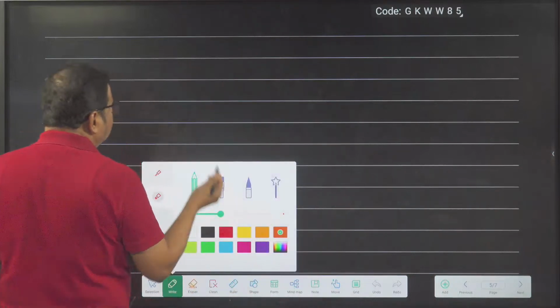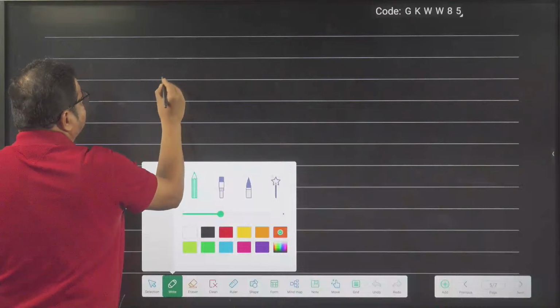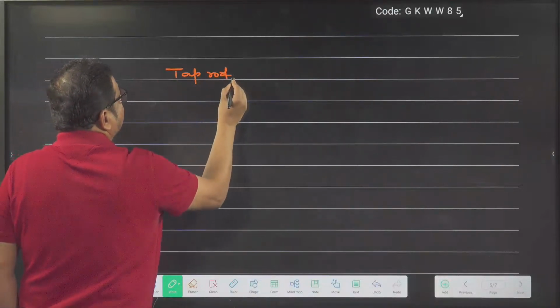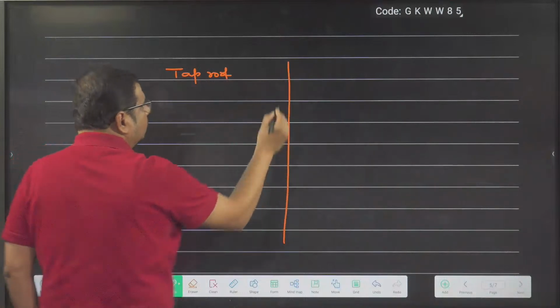Now I am just going to tell you about some basic differences between tap root and fibrous root. Then I will ask a question.